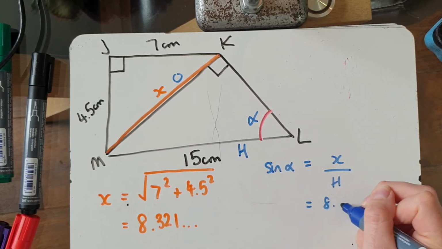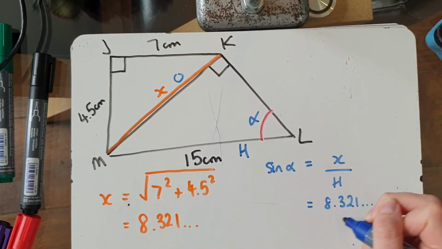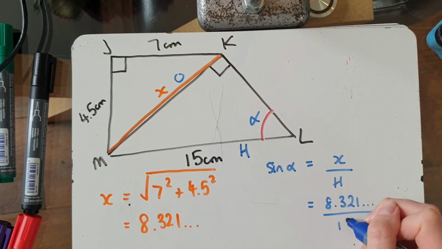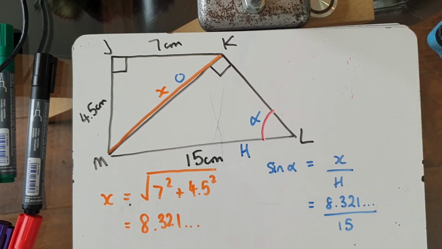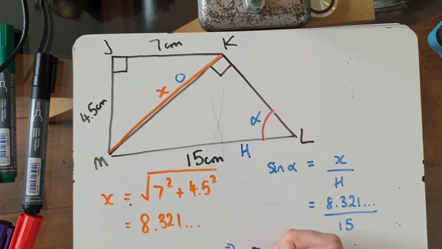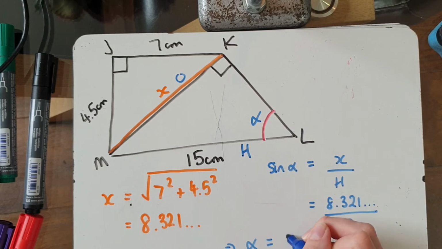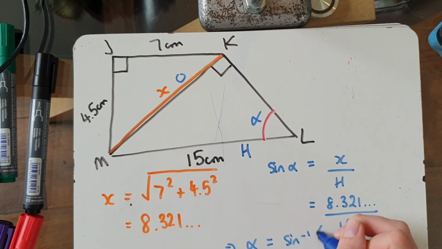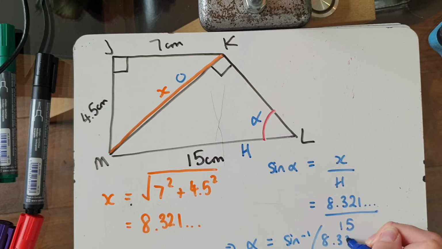So it's equal to 8.321 over 15, which means that this angle here is equal to sine inverse of 8.321 over 15.